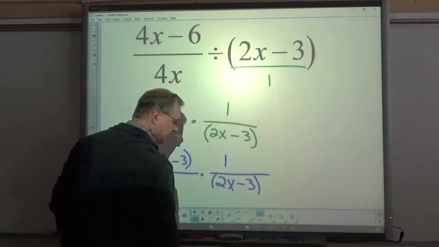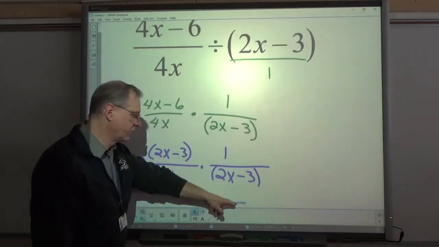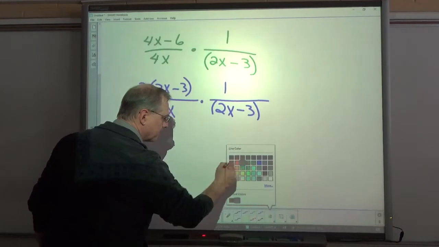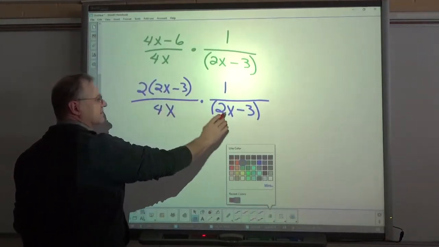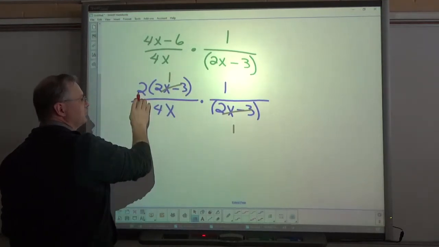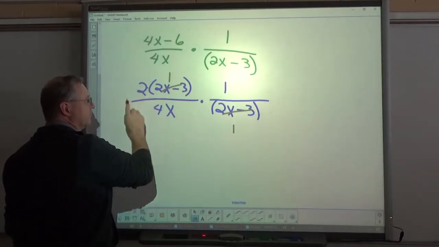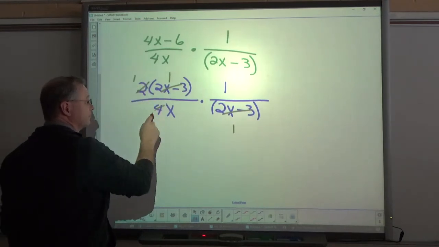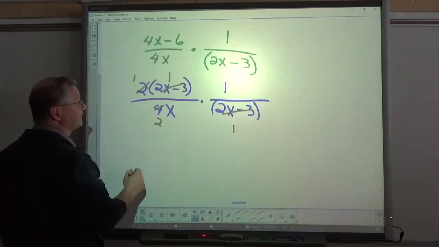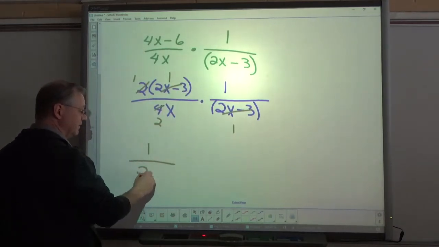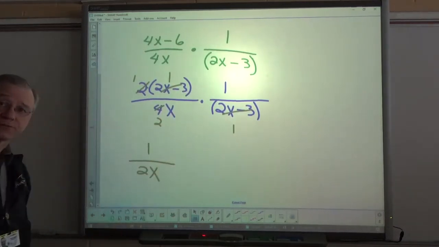Now it doesn't have to be in parentheses, but you know it's all part of the same thing. The 2x minus 3 with the 2x minus 3 can reduce. The 2 with the 4, not part of it in multiplication, addition or subtraction. So all I have left here is a 1 over 2x. There's my final answer.